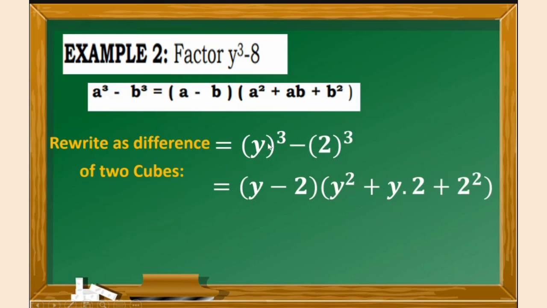So, bring down y, lalagyan lang po ng squared, tulad ng binigay sa atin ng formula, plus y, which is a, times, what is our b? This is 2. So, y times 2 plus ulit. What is our b again? This 2. So, squared lang natin. Okay?